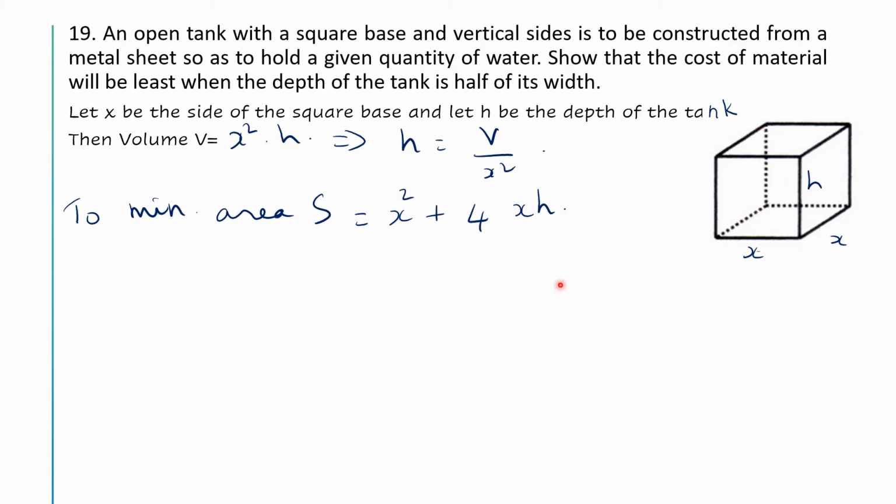So the total area is area of the square base plus 4 into x into h. So to minimize total area, from this we have S equals x square plus 4x into h, where h is V by x square. So from 1.